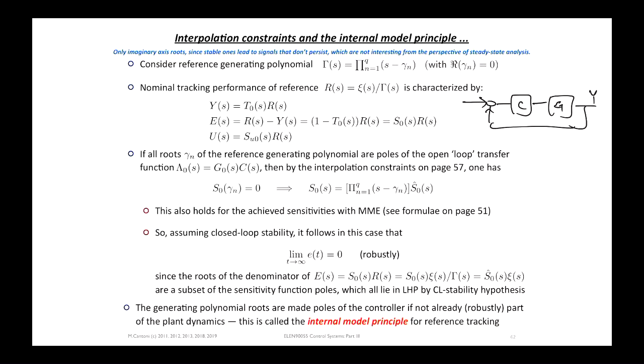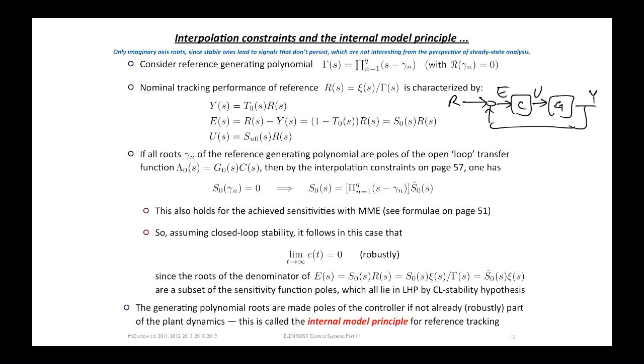There's Y, there's E, there's R. So we know that the mapping from here to here is the complementary sensitivity function. The mapping from here to here is the output sensitivity function. So the error signal is the output sensitivity function times the reference. And U is this signal here, and there's a corresponding sensitivity function for that, which is just C times S.